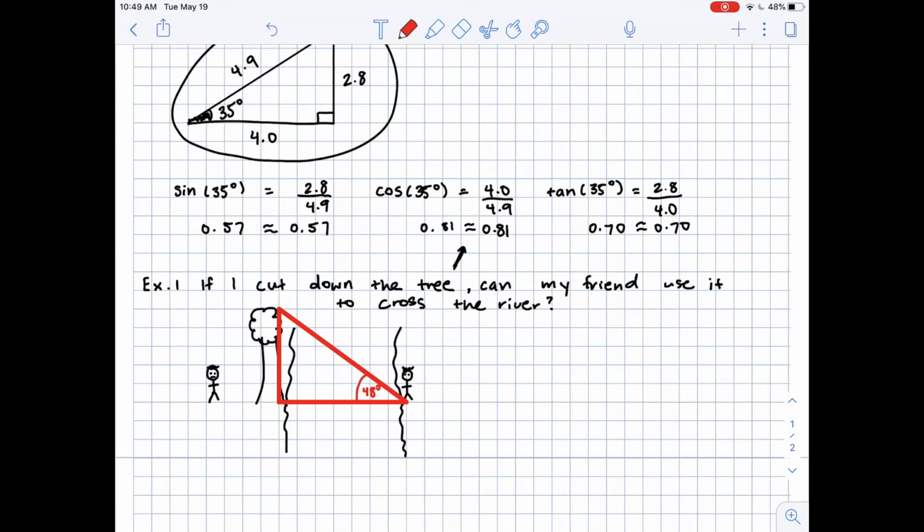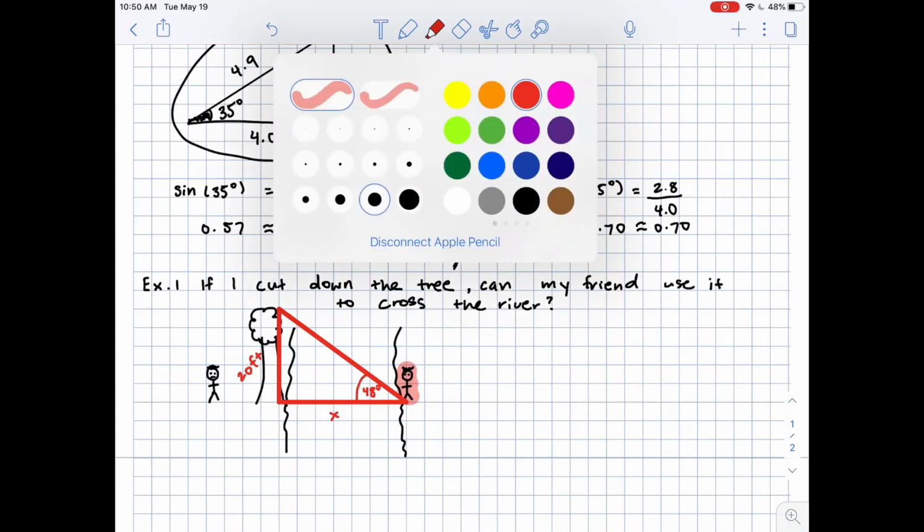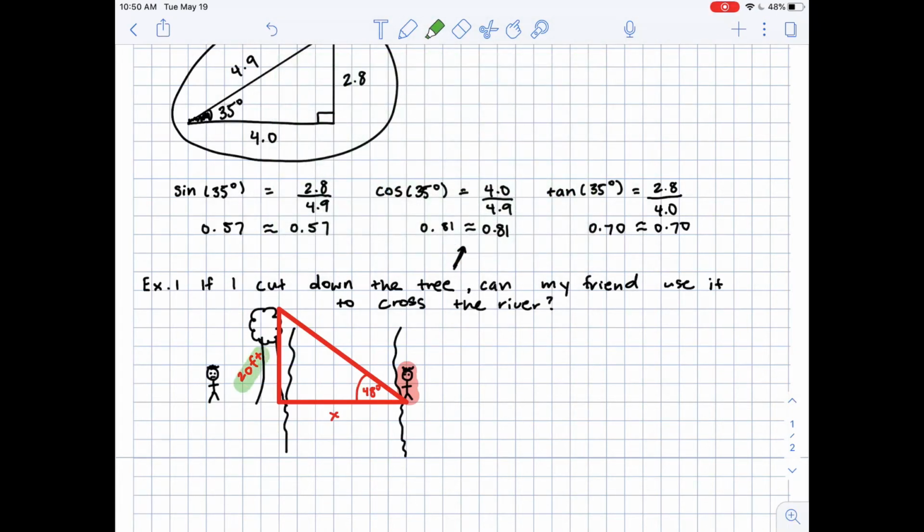And he knows that the height of the tree is 20 feet. But he doesn't know how wide the river is. So, from his view, he has two sides.